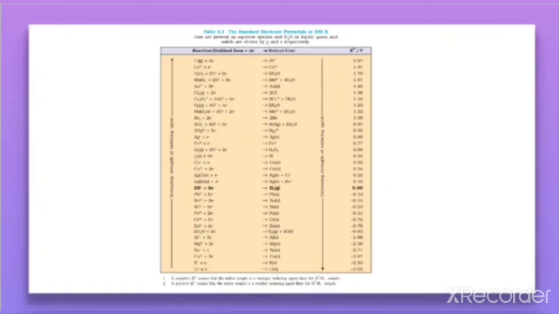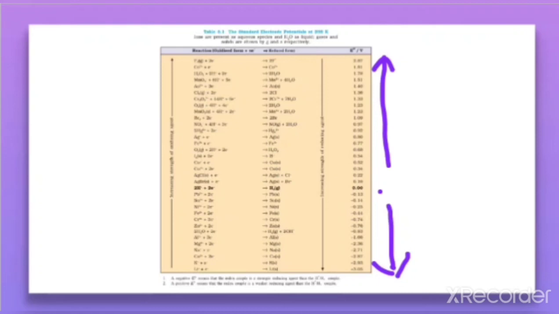This series is called the electrochemical series. Here the E naught values are given. You can see that for hydrogen, the E naught value under standard conditions is equal to 0. Now you can see here there are negative values and there are positive values of E naught, that is the standard electrode potential values.